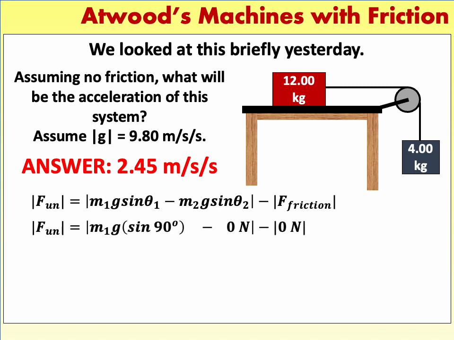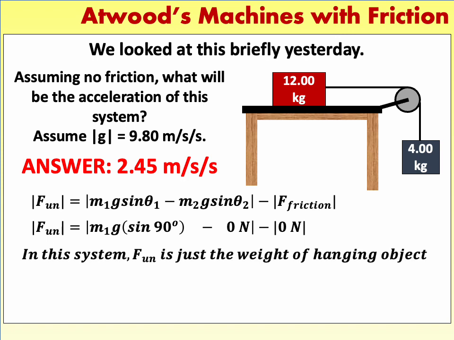And that first term, m1g sine of the angle, sine of 90 is 1. So in this system, no friction, the other block on top of the table is going to be accelerated by just the weight of the hanging object, that dark blue 4 kilogram object.